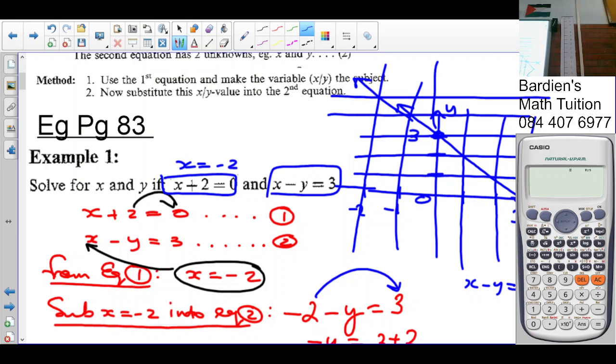Can you see? Then this graph of x equal to minus 2 is this graph here. Not so? What do you notice? What's the coordinate of that point? This is 1, 3, 4, 5. What's the coordinate of this point?